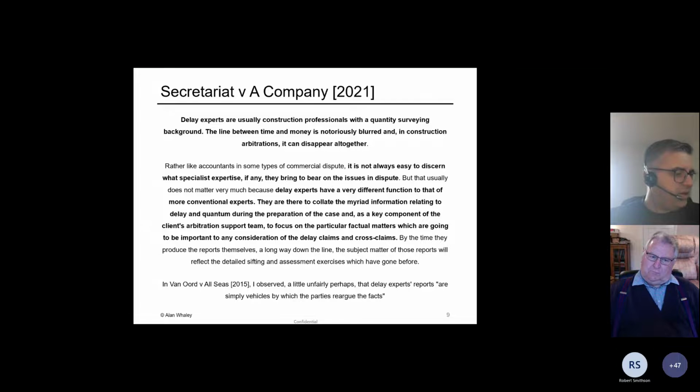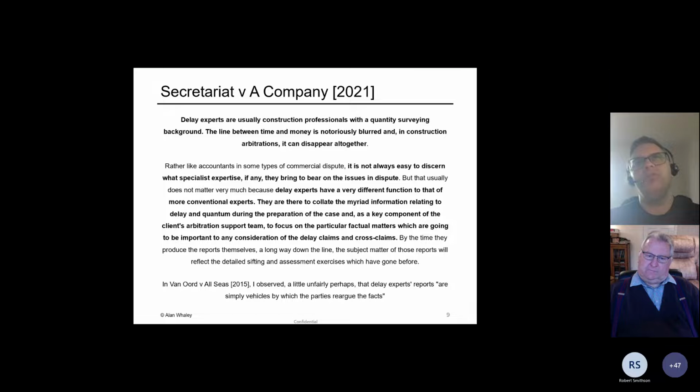But what he then set out was a description of a delay analyst, which is, I think, quite accurate, because a bit like accountants, it's not always easy to discern what specialist expertise a delay expert brings to the dispute. But that's kind of missing the point, because delay experts have a very different function. And he basically said that delay experts investigate.